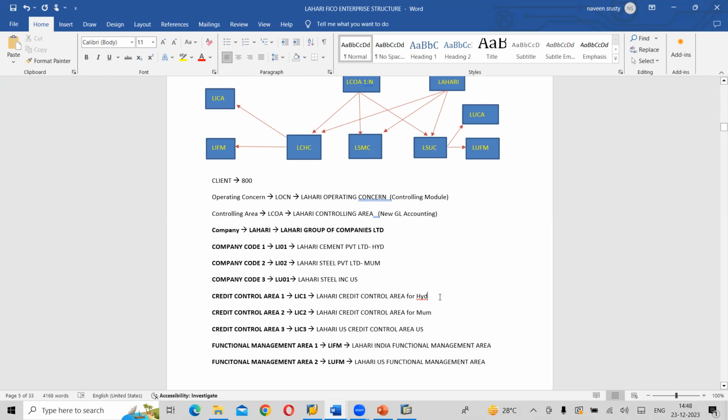LIC2 for Mumbai. Third one, LUC3, Lahari credit control area US.